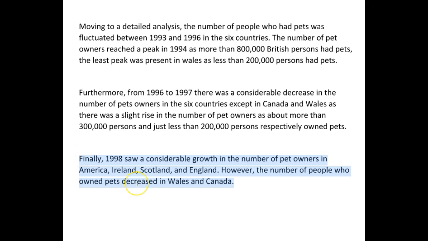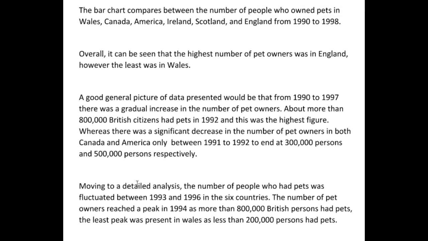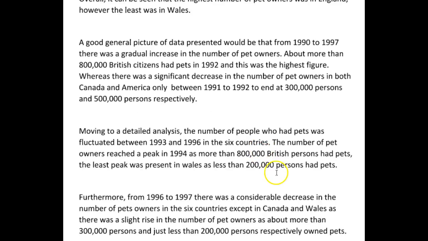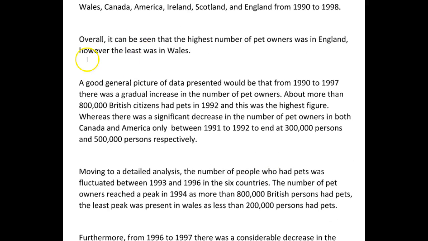There are more succinct ways to refer to this than by running through each year individually. What I would have done is said beginning with, and then grouped some of the information together.